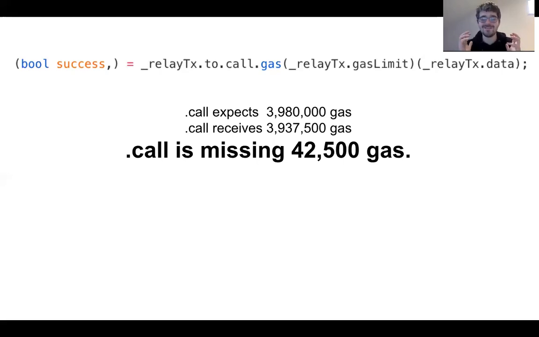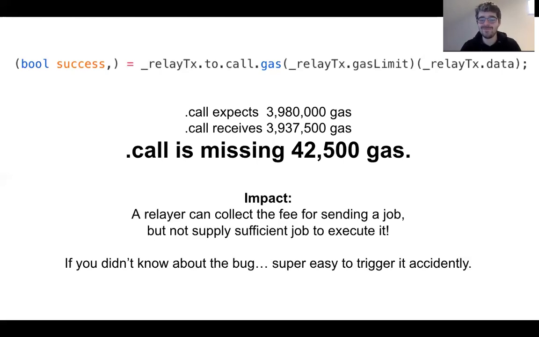But that's crazy. The impact here is that the relayer could actually, if they're smart enough about allocating the gas limit, collect the fee, execute out. It'll be a failed transaction. They'll come back and just complete. Now, I'm not too worried about any.sender doing this maliciously, but if you're not aware of the bug, it's really easy to trigger this in an accidental manner.